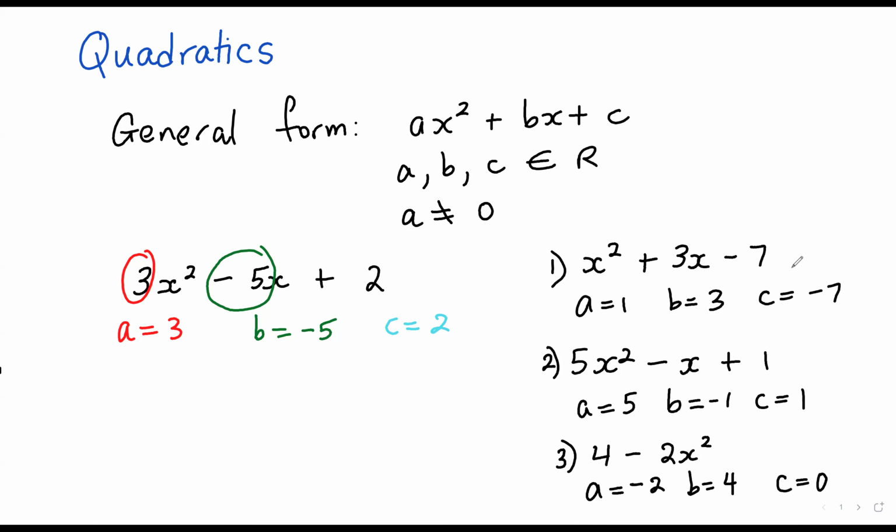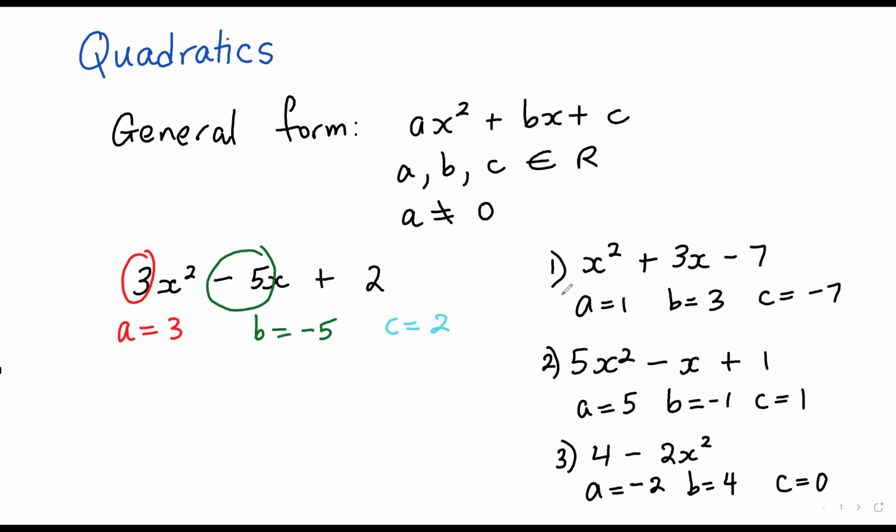Right. So far, we looked at the general form of a quadratic, which is ax squared plus bx plus c, where a, b, and c are all real numbers, and a cannot be equal to 0. We looked at identifying a, b, and c in a quadratic.